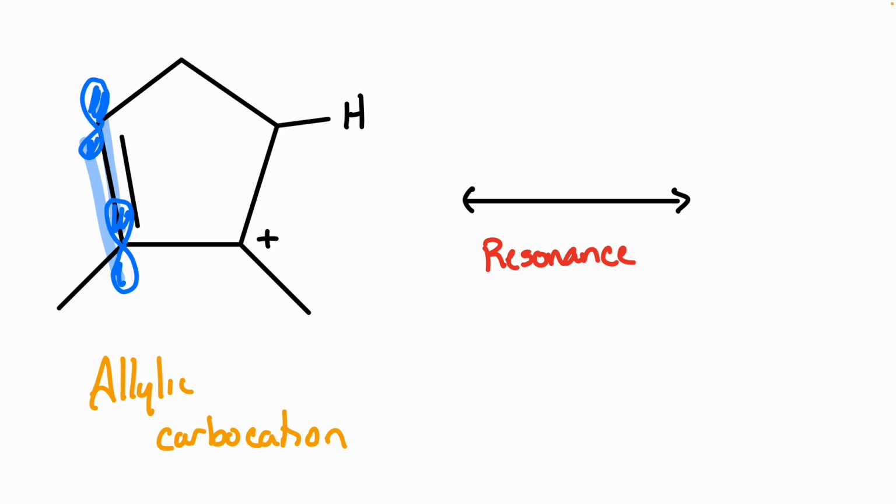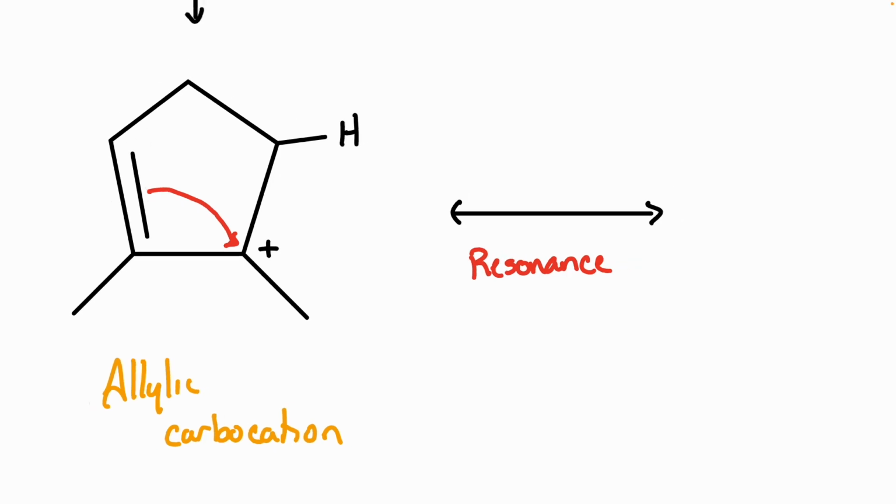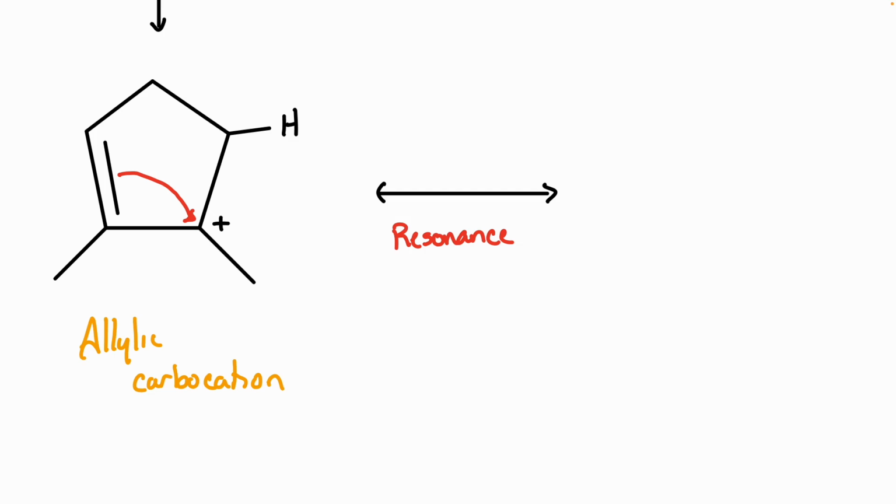So it's only got 6 electrons in that octet, which means that it has this empty p orbital right next door, ready to accept that pair of electrons from that pi bond. So these carbocations accept pi electrons really easily, and that's what we're going to show here. Our arrow is going to start at that pair of electrons, and it's going to end at the atom that's accepting that pair of electrons.